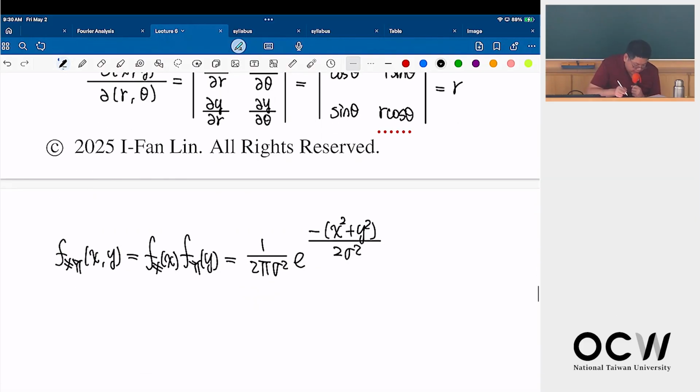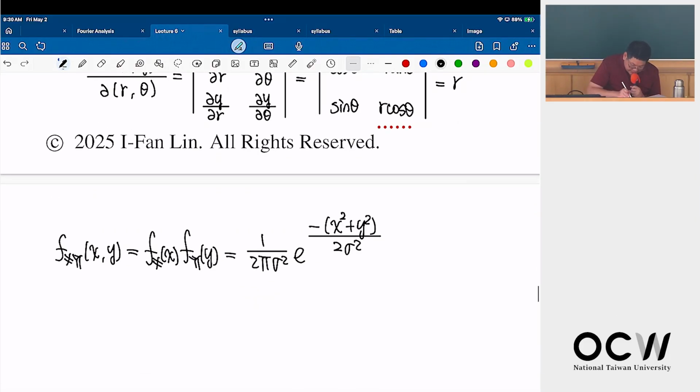So I can write down the joint PDF of r and theta.